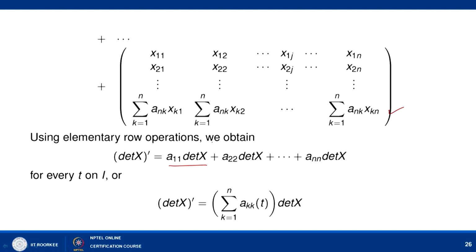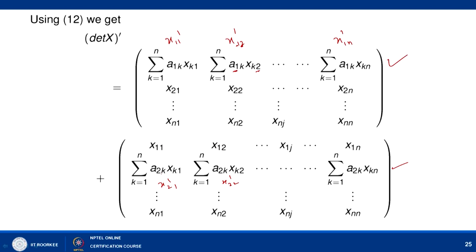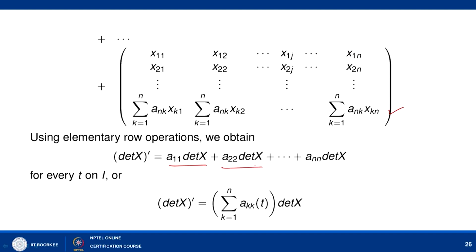In the second component we do the same thing and we get a22 taken out from each term, and we can write this second component as a22 determinant of x. Similarly, the last term can be written as ann determinant of x. You can look at it in this way.